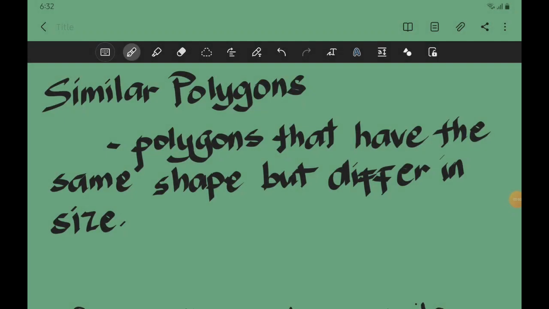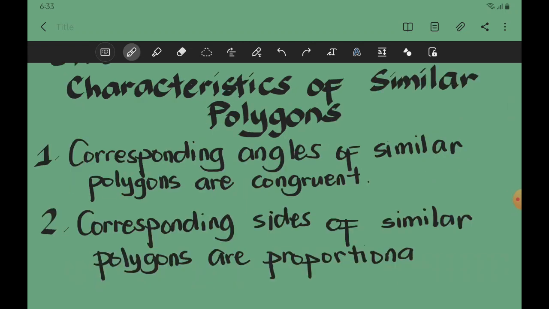We are going to talk about similar polygons. Similar polygons are polygons that have the same shape but differ in size. And we have these two characteristics of similar polygons. The first one is corresponding angles of similar polygons are congruent, while the second is corresponding sides of similar polygons are proportional.